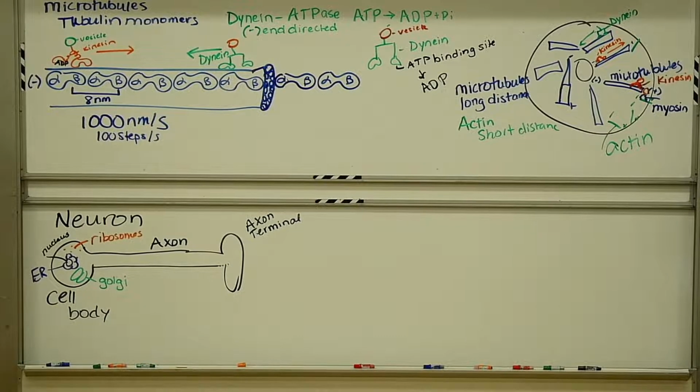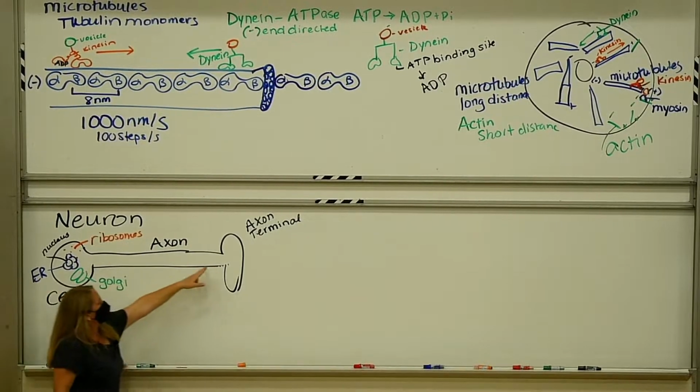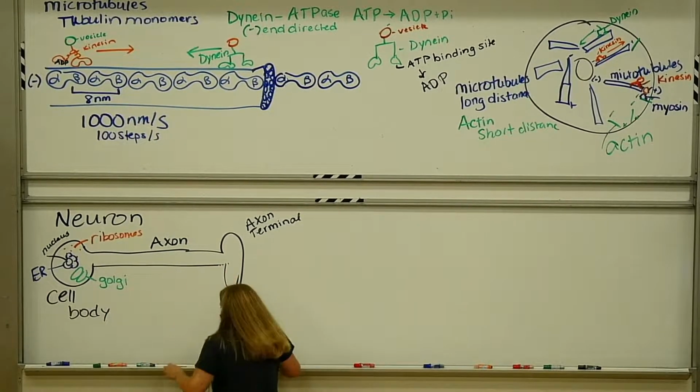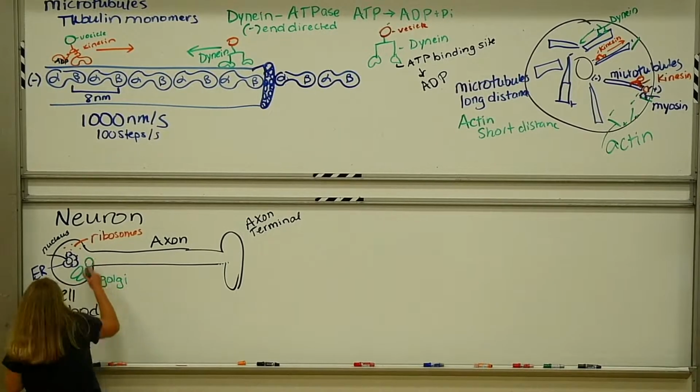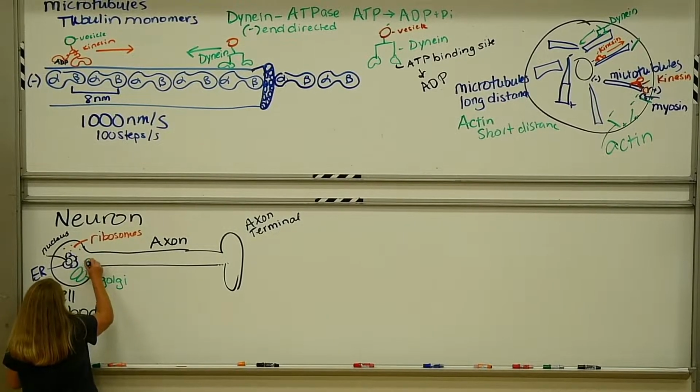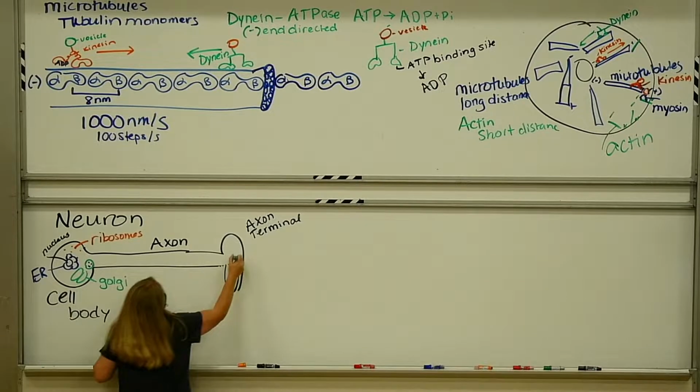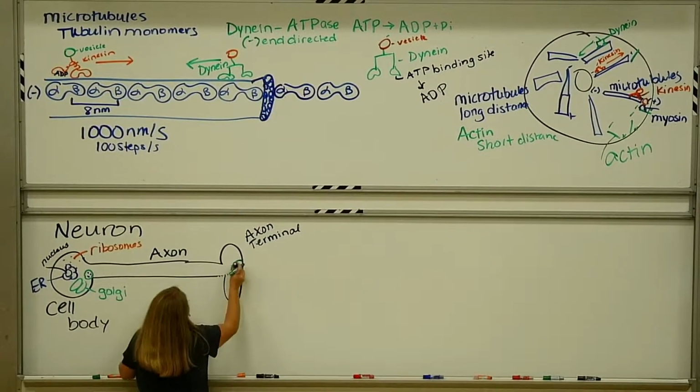You could send it out anywhere. Here it's different. Here you're going to bud this off the Golgi, and it has to go all the way down to the terminal. So if you get this vesicle with its secreted proteins in here, it has to come all the way down here to merge and exocytose.